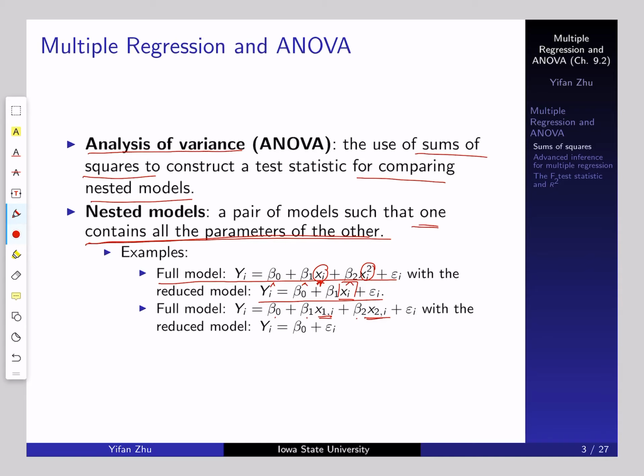And in the reduced model, this is a very common reduced model where you don't have any predictors. So it is nested in any multiple regression. There is only an intercept and so one parameter for this model. And it is two parameters less than the full model.